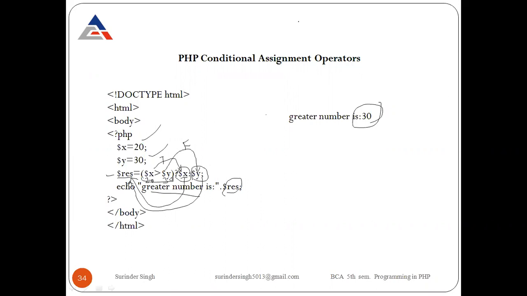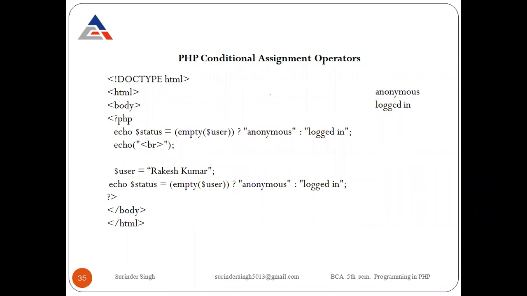Then see another example of conditional assignment. Here we have a variable x status. In this example we have two cases. This is the output of the first case and this is the output of the second case.